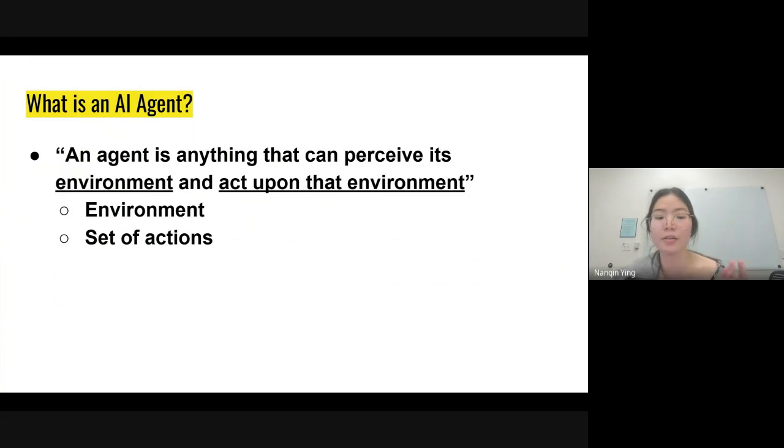Before we dive into the details, consider recent AI agent applications: customer service chatbots that answer questions and resolve issues, autonomous robots in factories or homes, AI-powered assistants like ChatGPT with web browsing, code execution, or image generation capability, and self-driving cars that perceive road conditions and navigate accordingly.